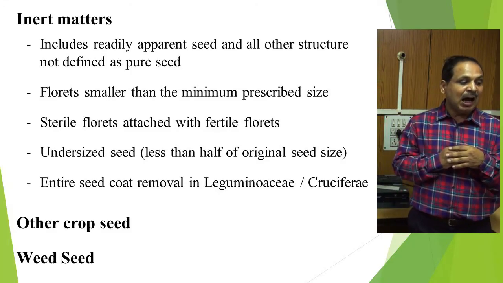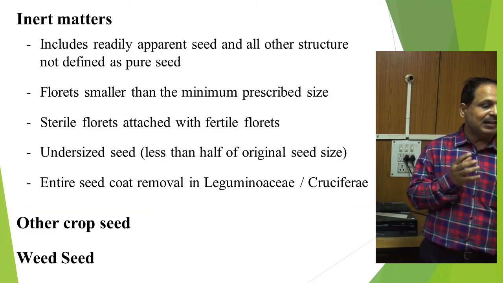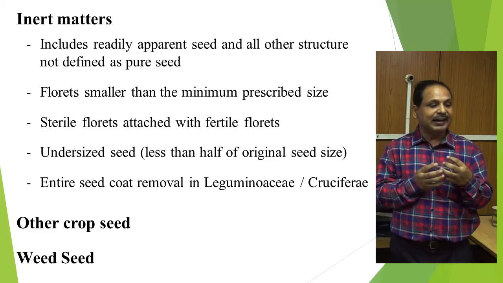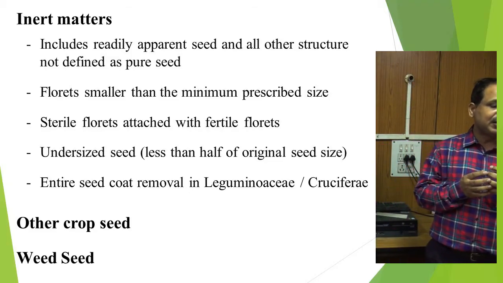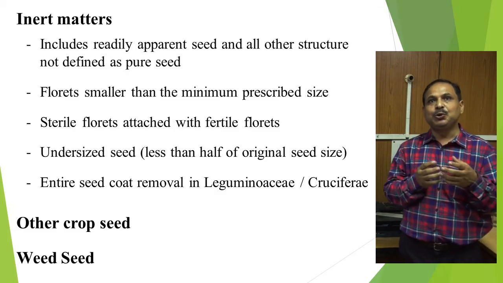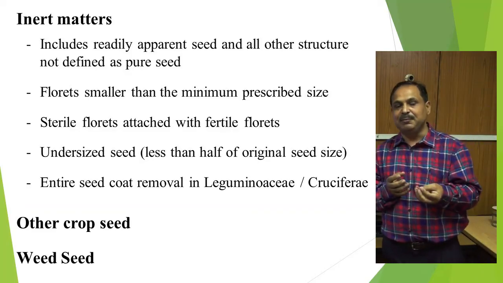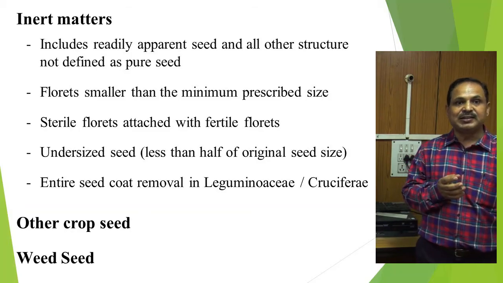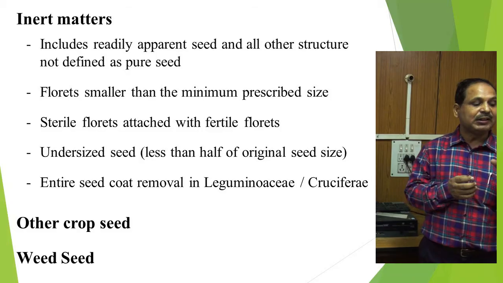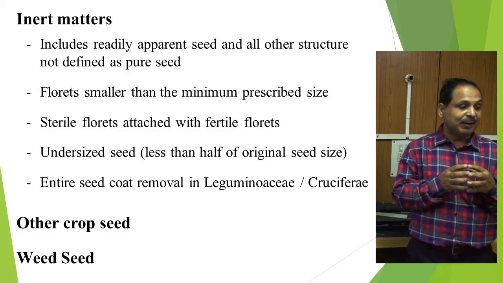The second component of physical purity is inert matter. Inert matters are those which readily appear, which you can see with the naked eye, and all those structures not defined as pure seeds are considered inert matter. During threshing we can have some stone particles and some sand particles in the seed lots, which are considered inert matter. Florets smaller than the minimum prescribed seeds should also be considered inert matter.